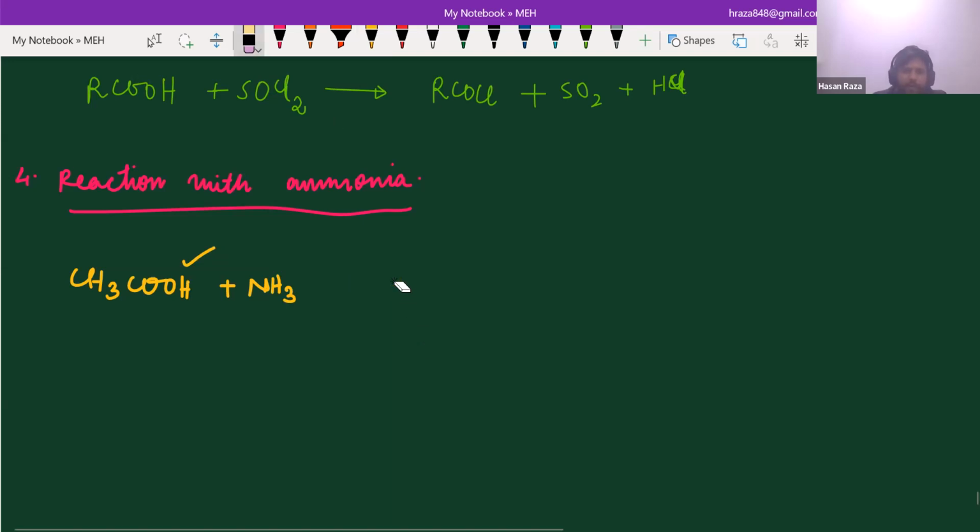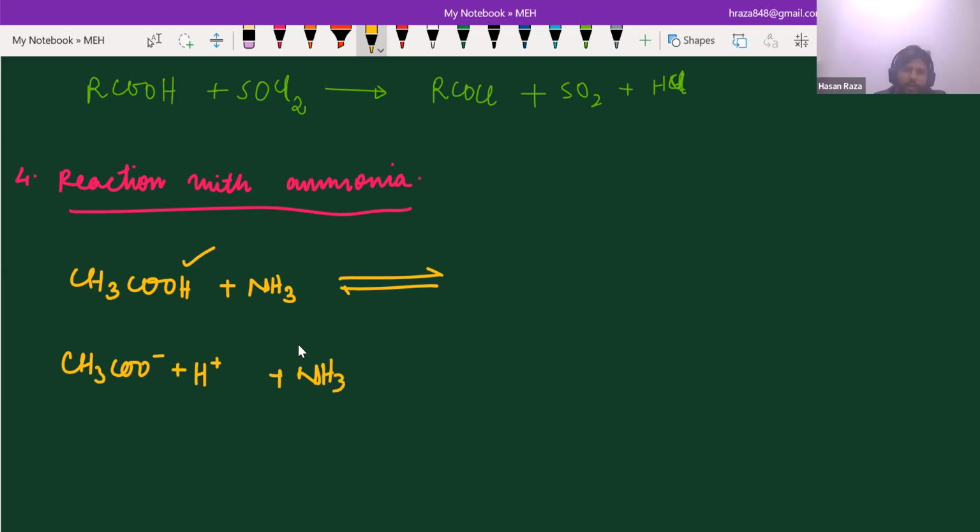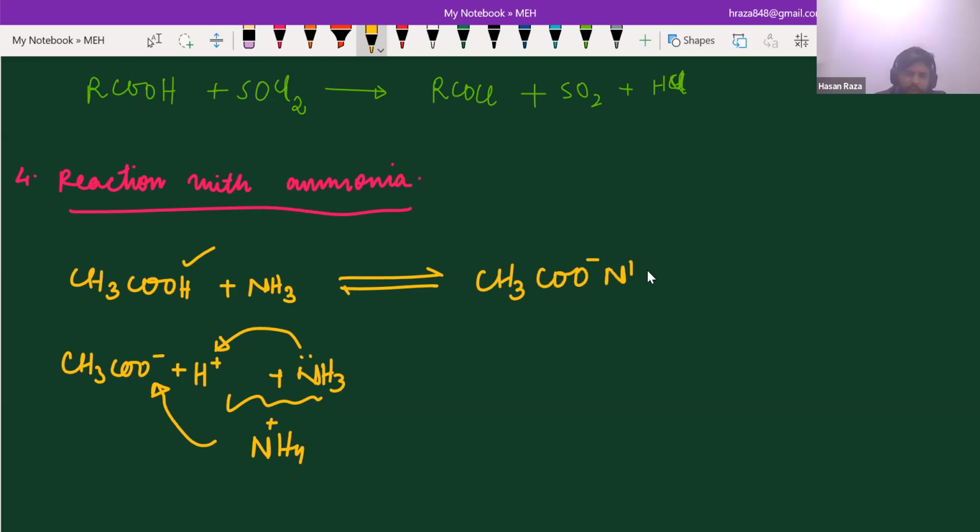This is a reversible reaction. This will be CH3COO minus plus H plus, and NH3 has a lone pair, so it will attack H plus and become NH4 plus, and this positive and negative will be together. So the product will be CH3COO minus NH4 plus, held by electrostatic force of attraction.